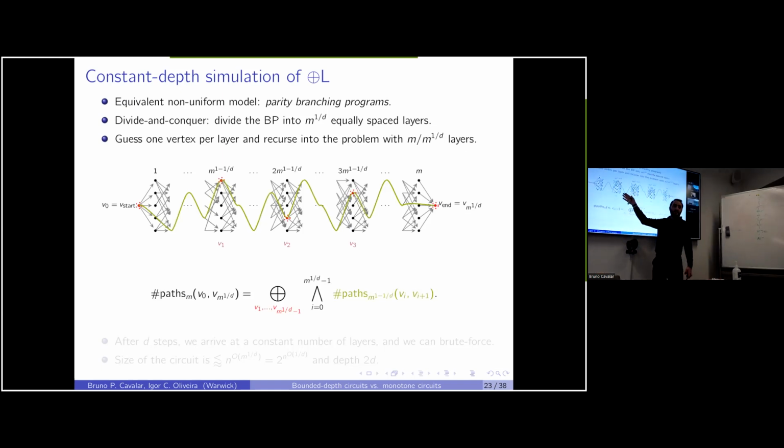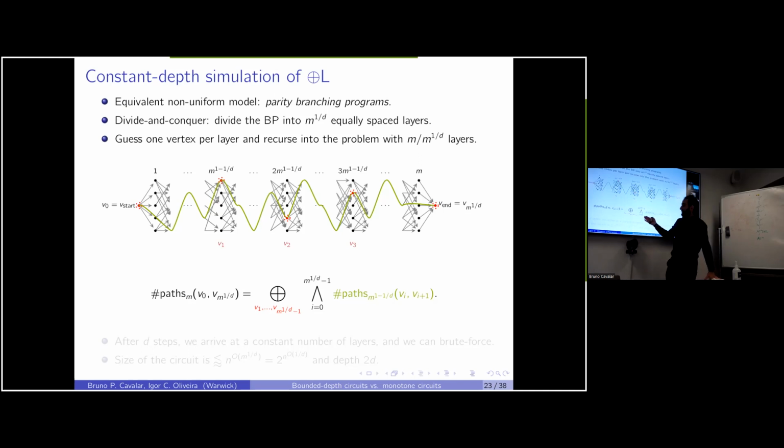If there's a path, there must be a path going through one vertex for each of these layers. These red vertices are the vertices you guessed. And then you count the number of paths that go through each of them. So you guess one vertex per layer and then recurse into the problem with M divided by M to the 1 over D, in other words, M to the 1 minus 1 over D. So you recurse into each of these blocks.